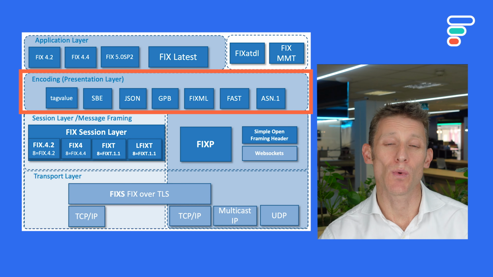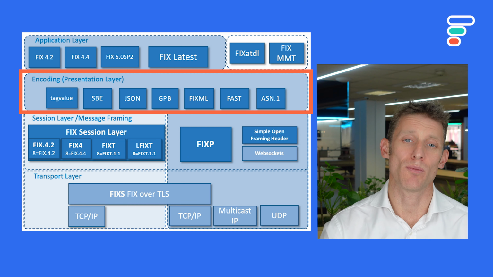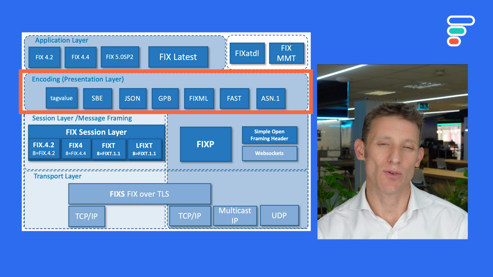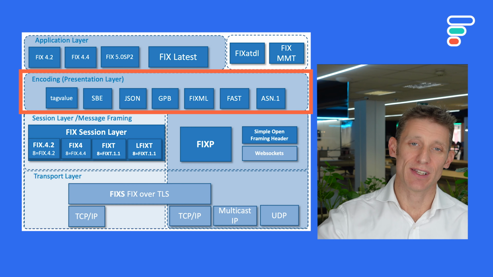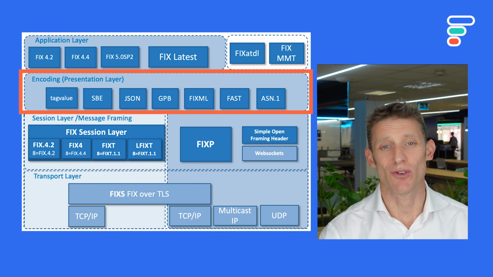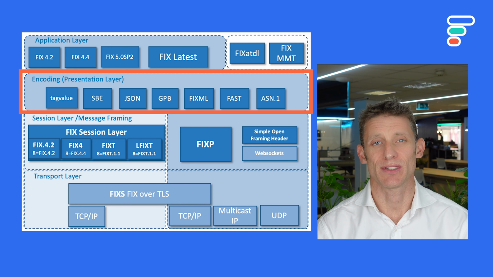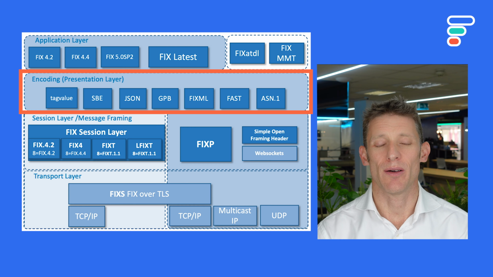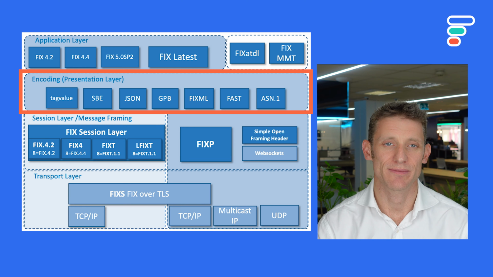JSON is a really, really good way of building and representing objects and moving them around various different systems. And that's really what this is designed for. It's a way of using FIX dictionary data internally, passing it around as a JSON object in your internal systems. So that's something perhaps you can think about internally rather than building your own bespoke objects.